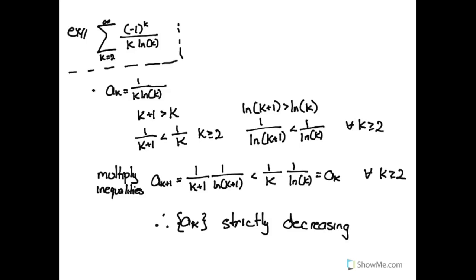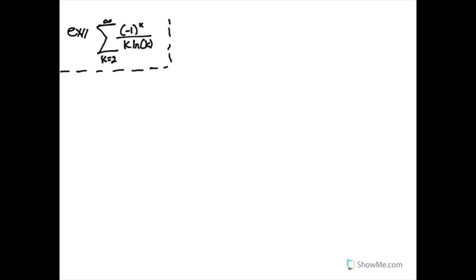Okay, and next we need to consider what the limit of the ak is. All right, so we need to compute the limit as k goes to infinity of ak, which is equal to the limit as k goes to infinity of 1 over k ln k. Right. And this we can do using the squeeze theorem. So we have that ln k is greater than 1.